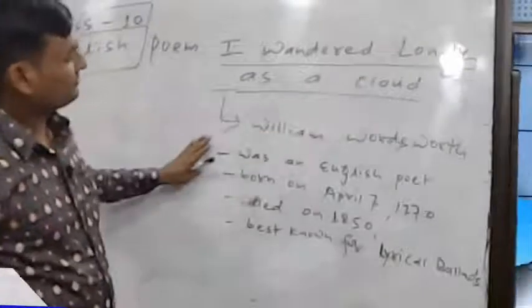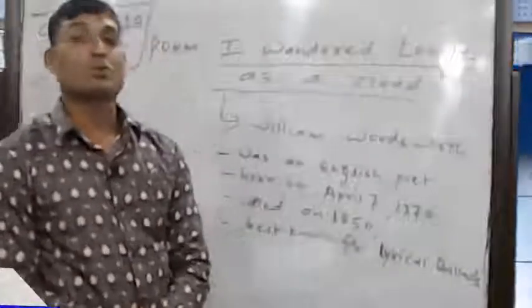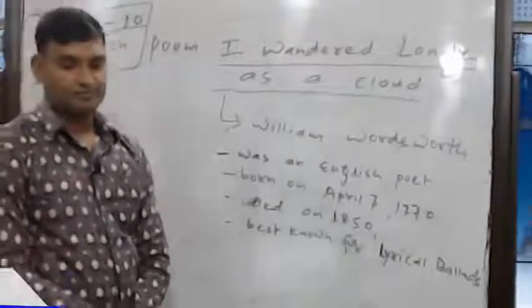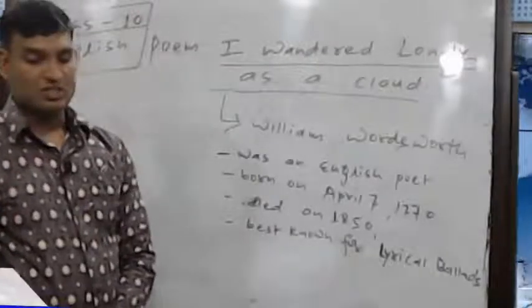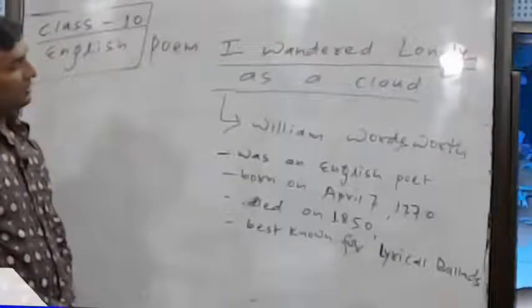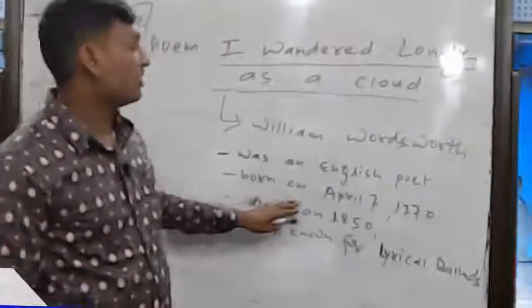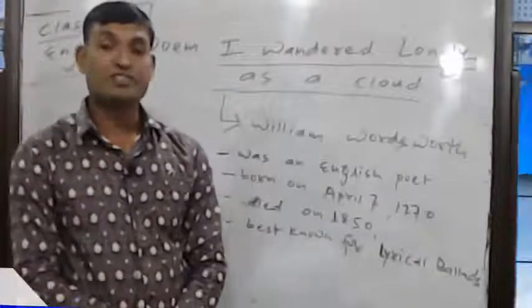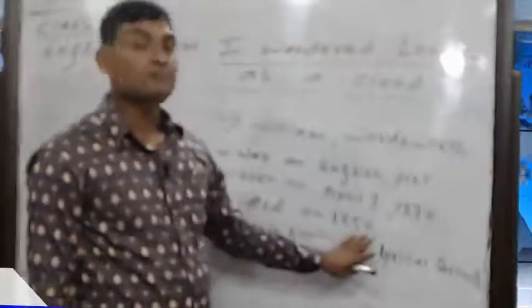The poem has been written by William Wordsworth. William Wordsworth was one of the founders of English Romanticism, and he was an English poet. He was born on April 7, 1770, and died in 1850.